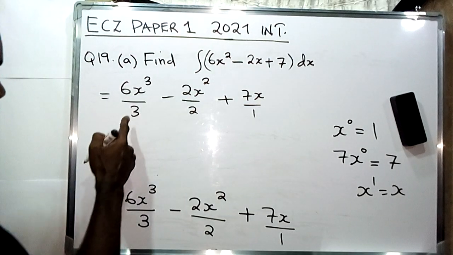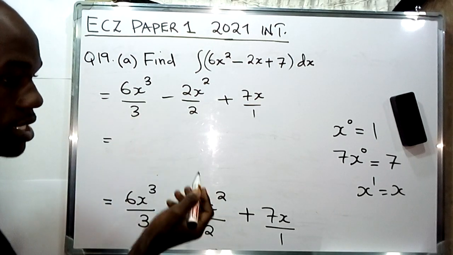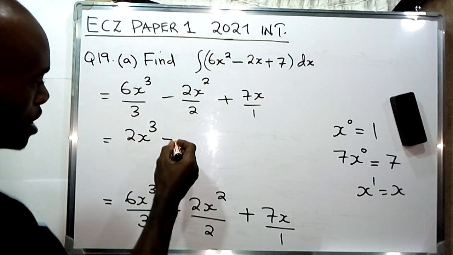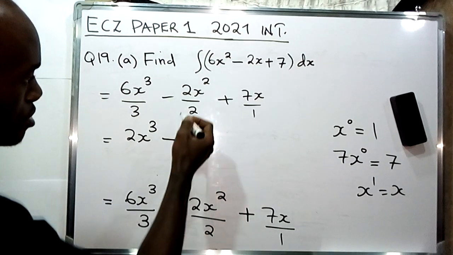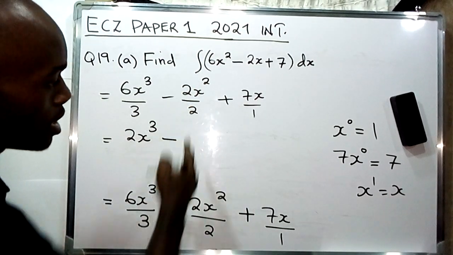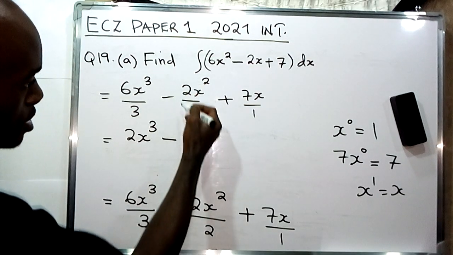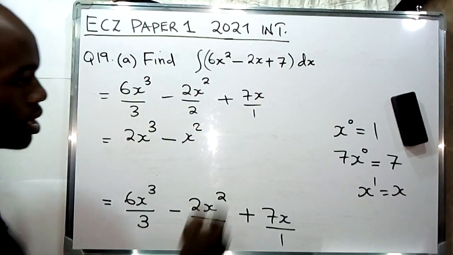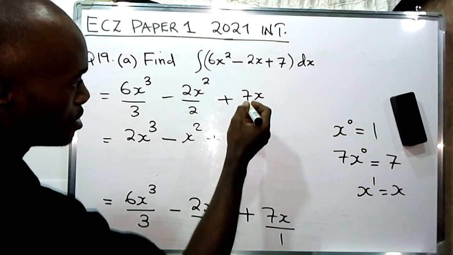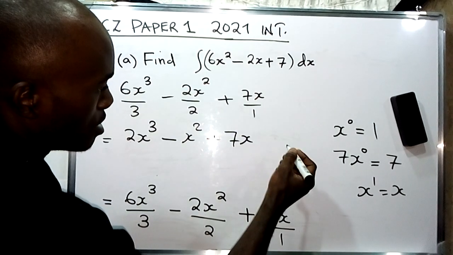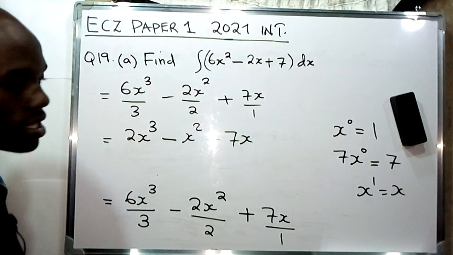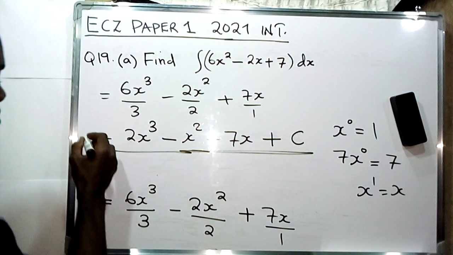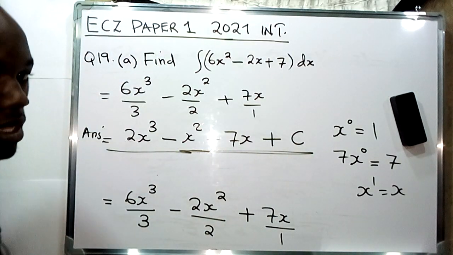We now simplify. 3 can go into 6 two times, so 2x to the power 3, minus, 2 into 2 is 1, so here we will only remain with the x squared, because this 2 and this 2 have gone. Then 1 can go into 7x, so it will be 7x. At this stage, because we can't simplify further, we also write our c, and this becomes our answer. All right, thank you so much.